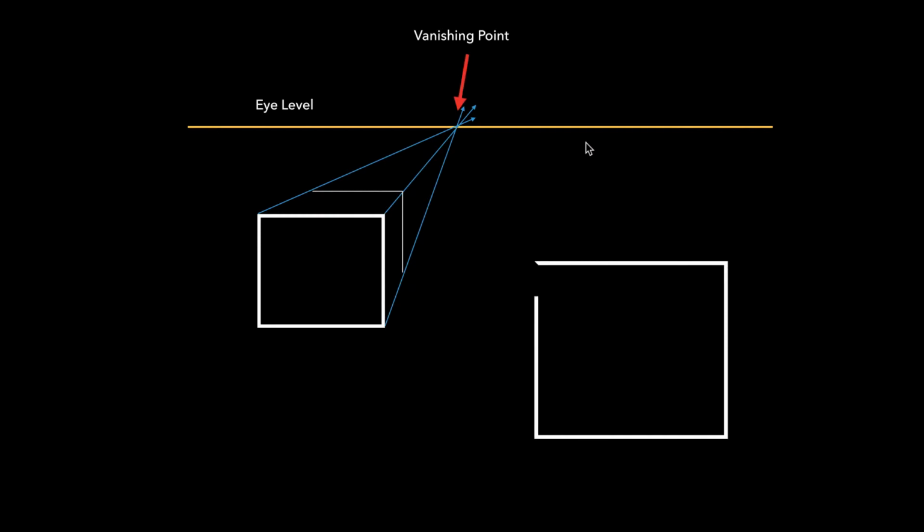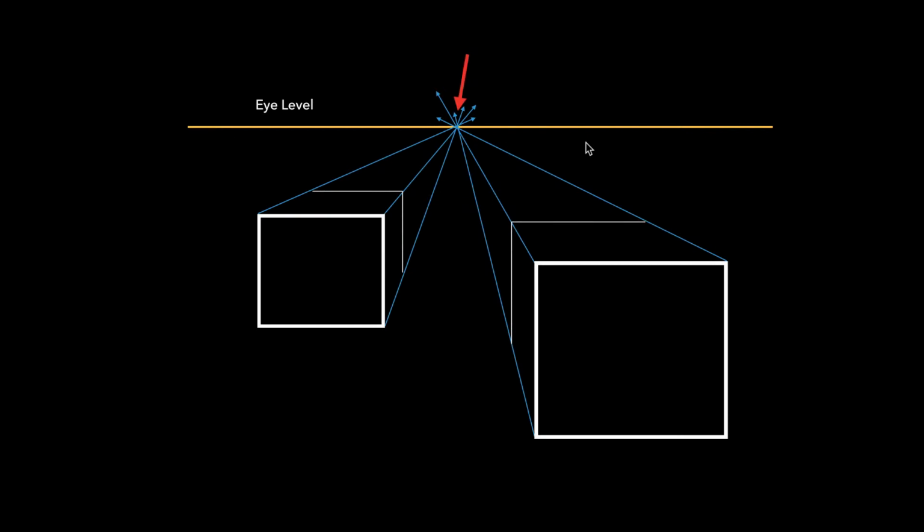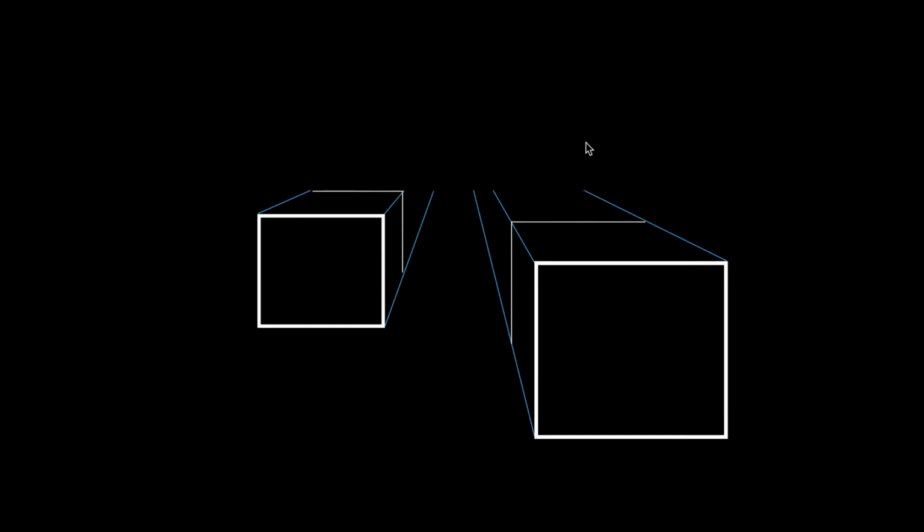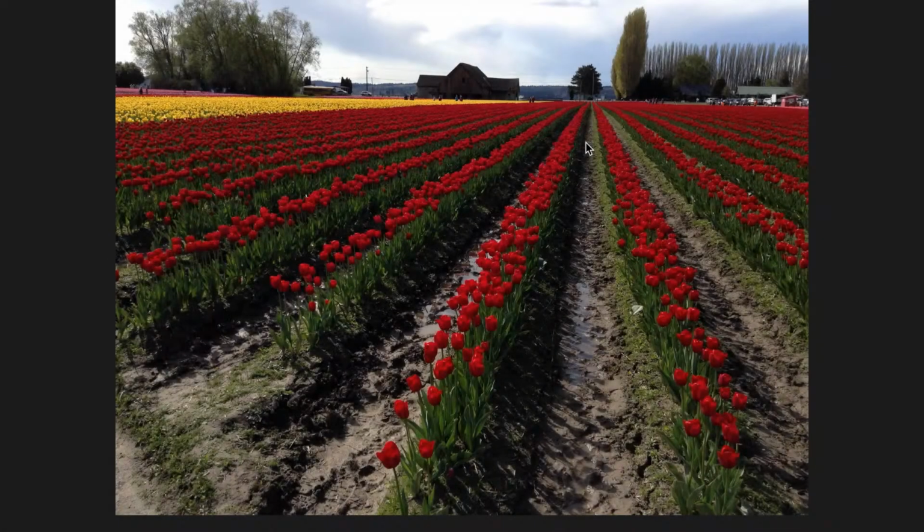Now how about I do another one, a bigger box, closer. It's going to look like the box is closer because it's bigger and lower down on the page. Now let me erase all those guidelines. There we go. Oh no, it just disappeared.